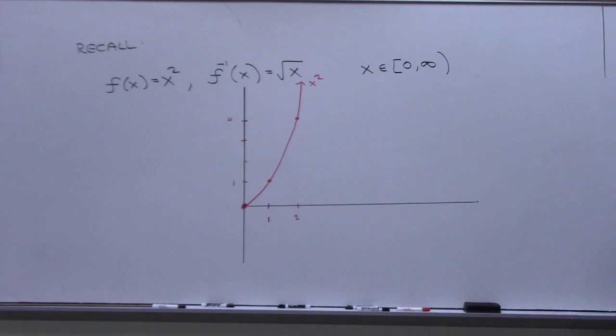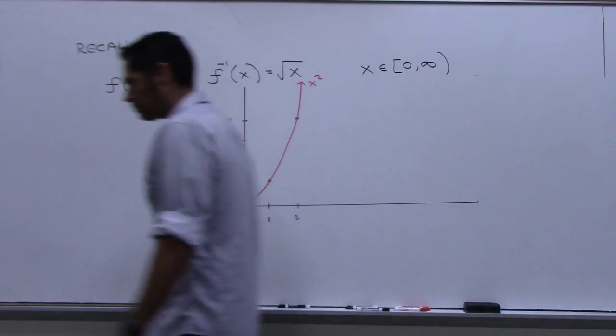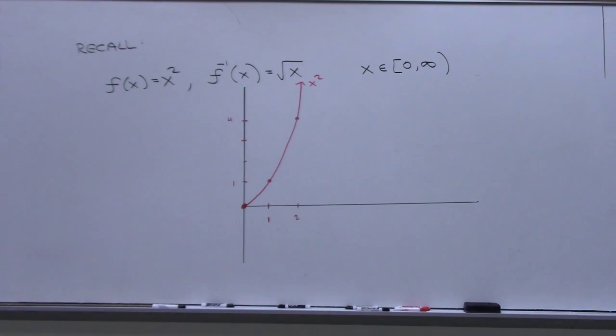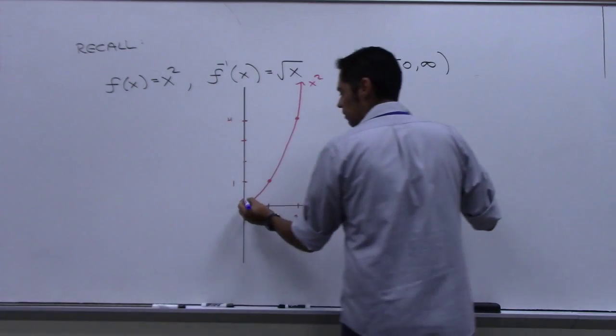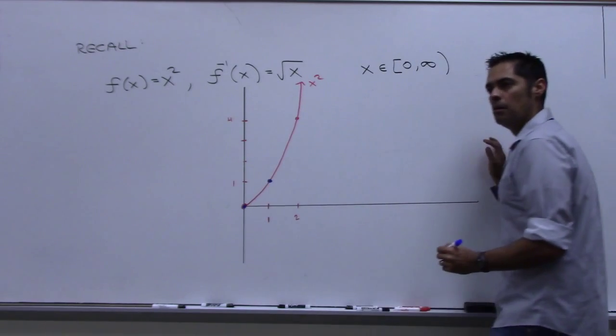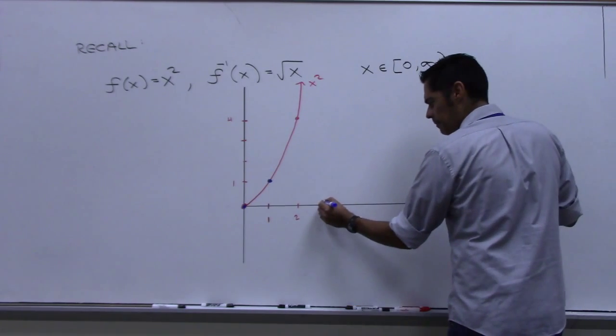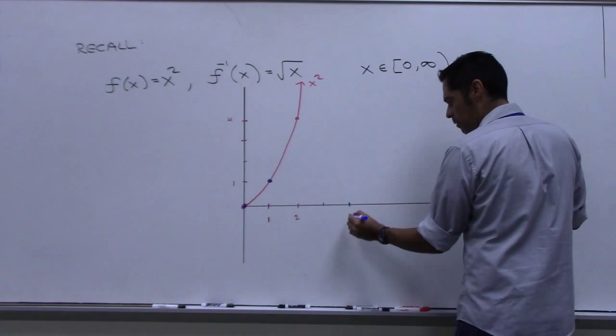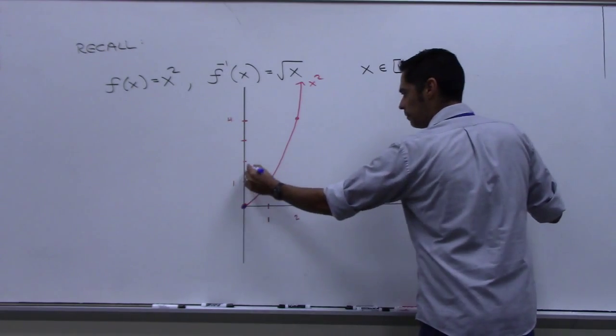Now the square root of x: you plug in 0, you get 0. You plug in 1, you get 1. What's the next one we would know? You plug in 4, you get 2.